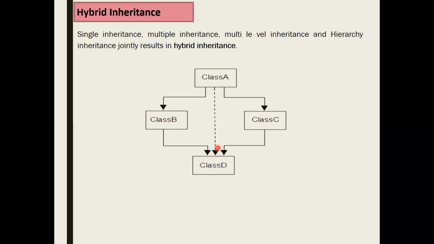Multiple inheritance. Class A with B and B with D, it gives what? Multi-level inheritance. So that is why this particular inheritance type is said to be a combination of all the other types of inheritances.